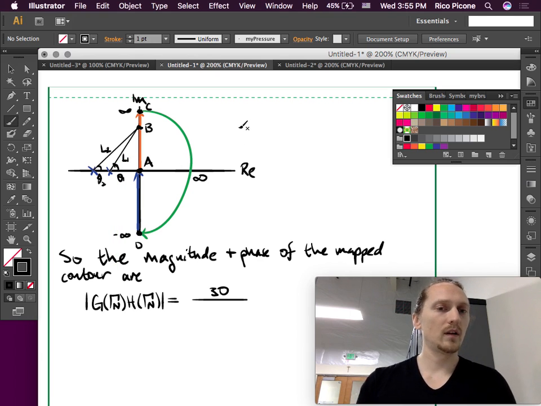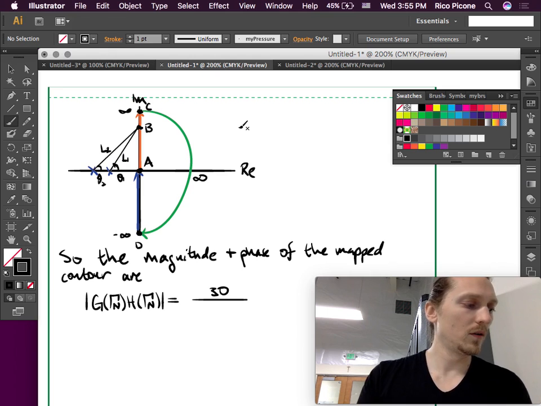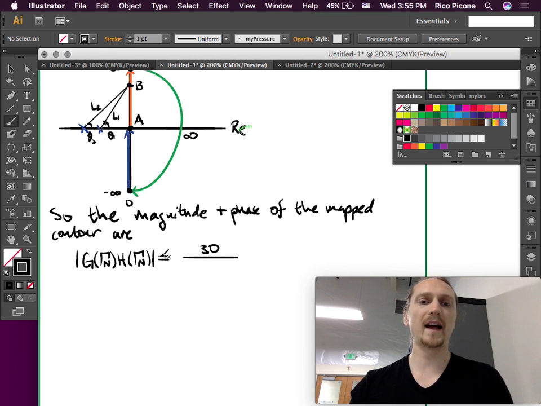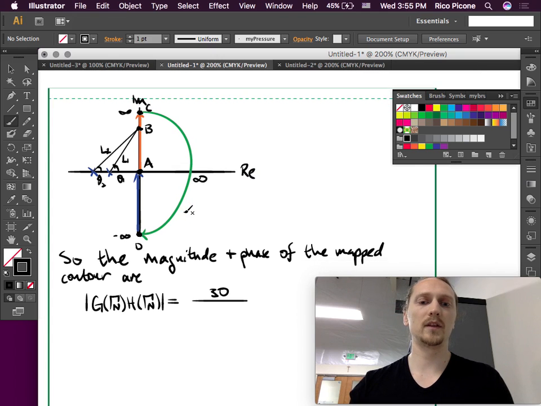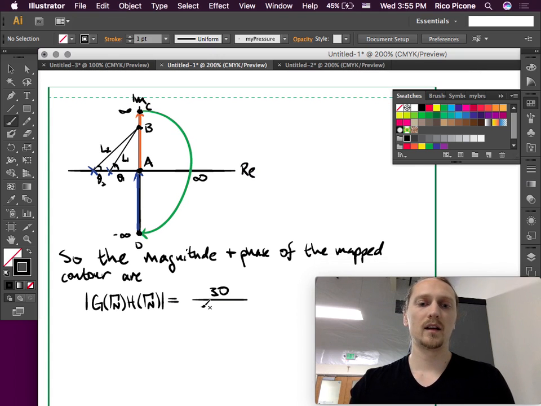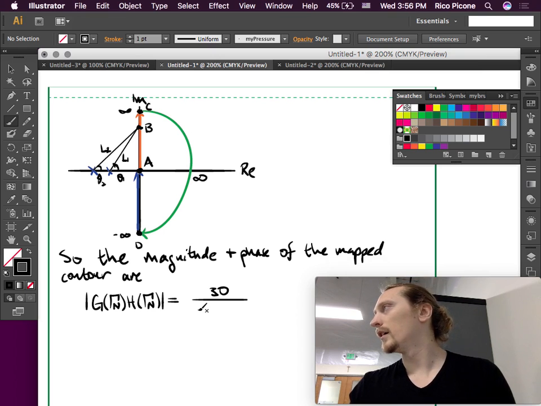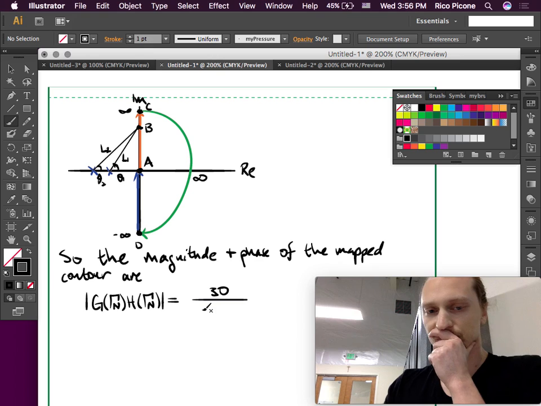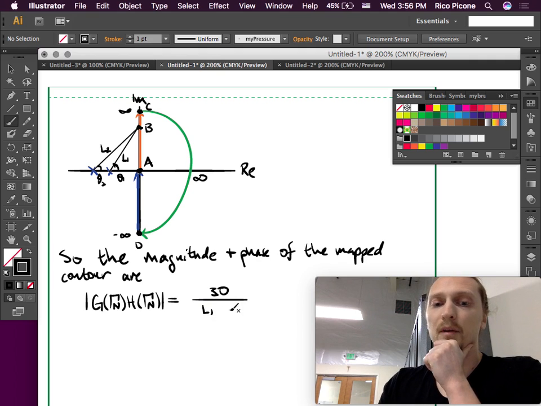So we could say that our magnitude is going to be 30 divided by what? In terms of L1 and L2. L1 times L2? It's the product, right? When you're working with the magnitude, it's the product. So L1 times L2.